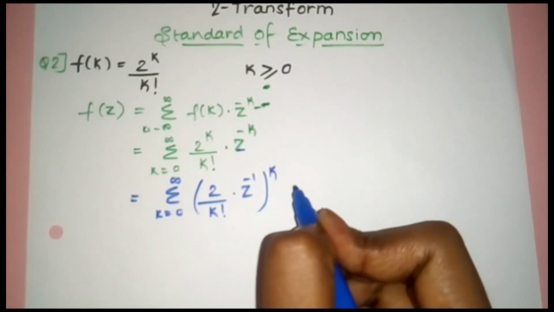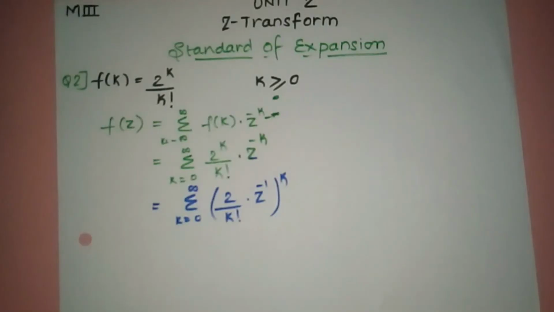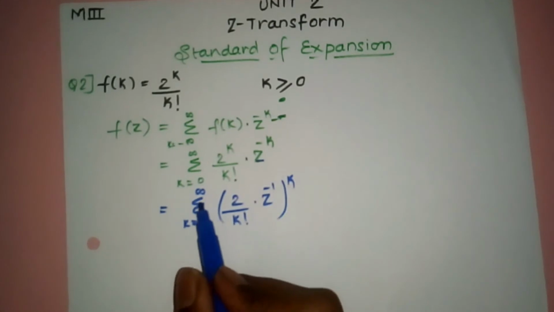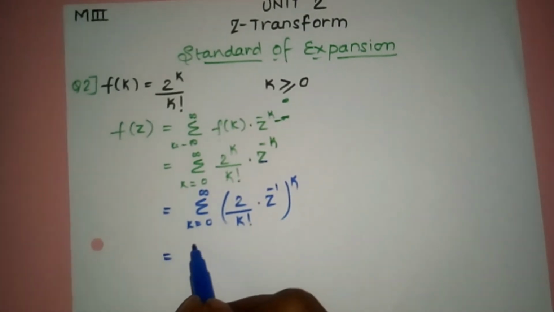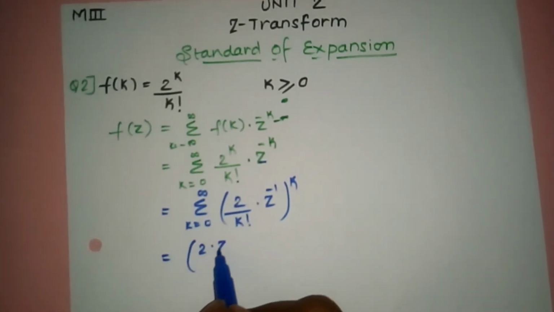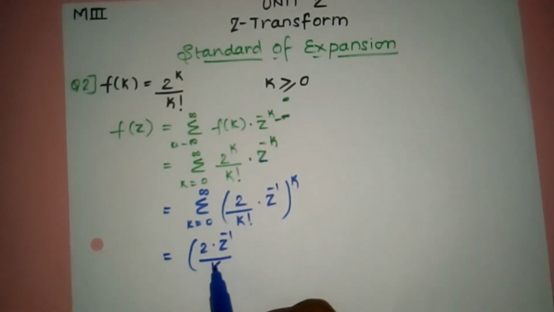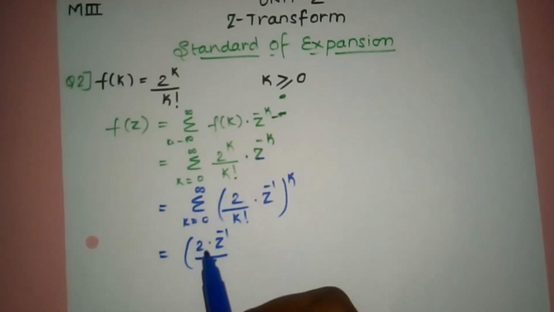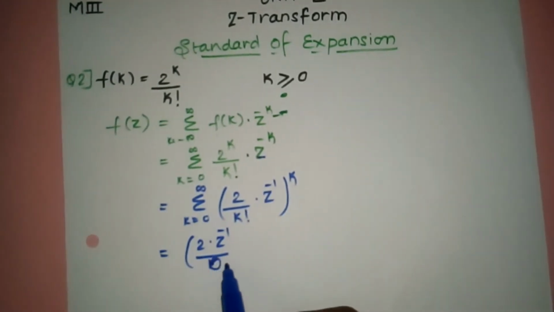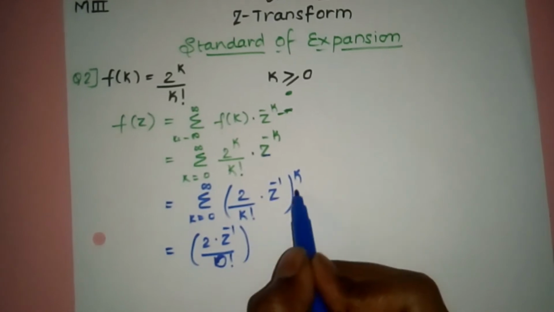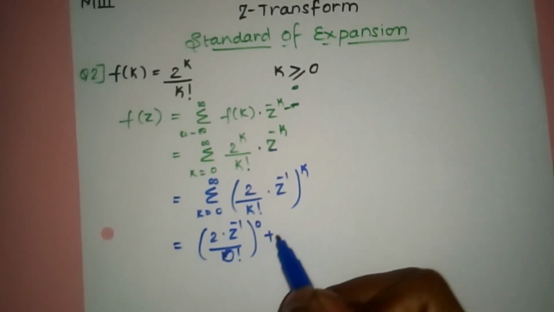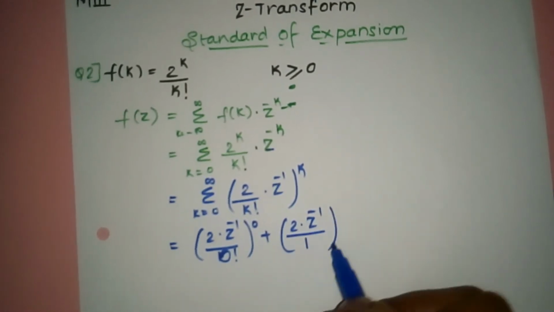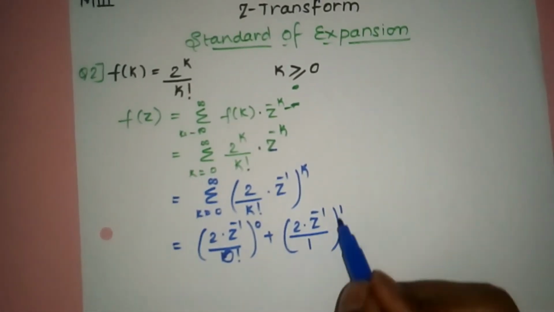After this, over here the limits we have given as it is, k equal to 0 to infinity. So what we'll do is 2 into z inverse upon, now see, we have to put 0 to infinity in place of k. So over here we'll put 0 factorial raised to, in the place of k again we'll put 0, plus 2 into z inverse upon, we'll put 1 raised to 1.